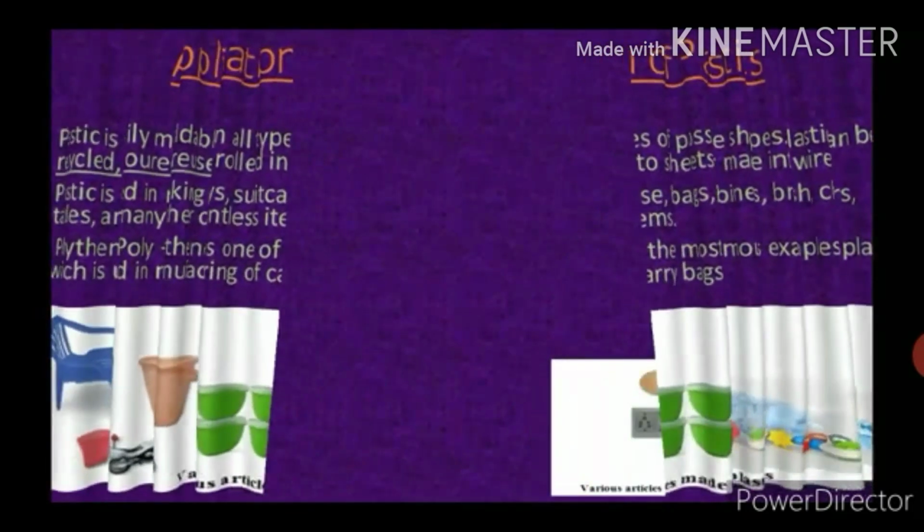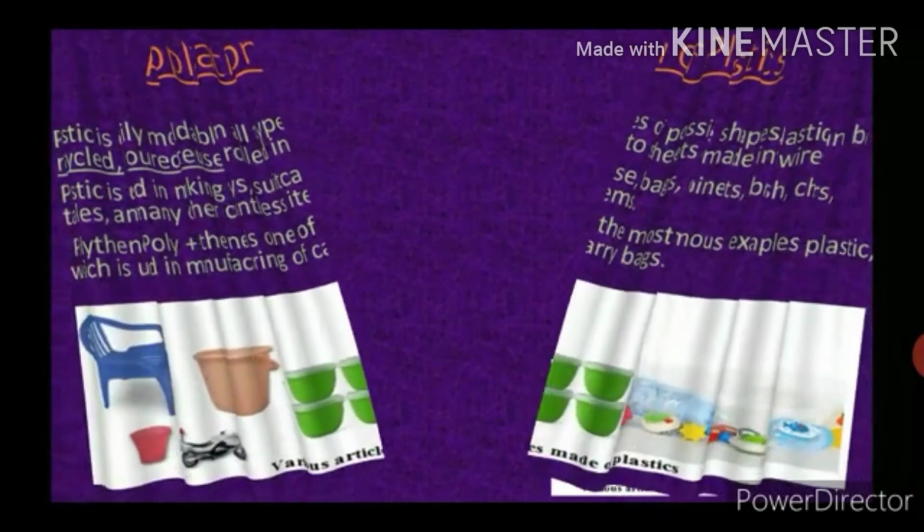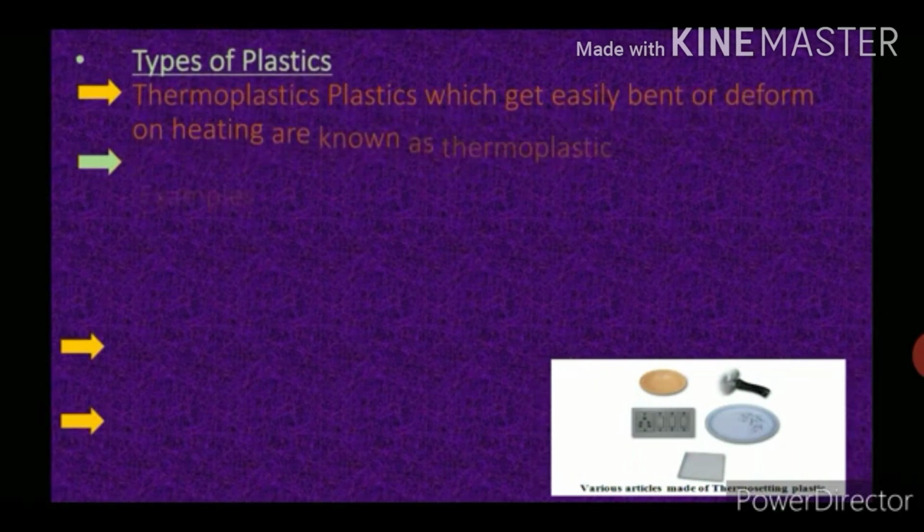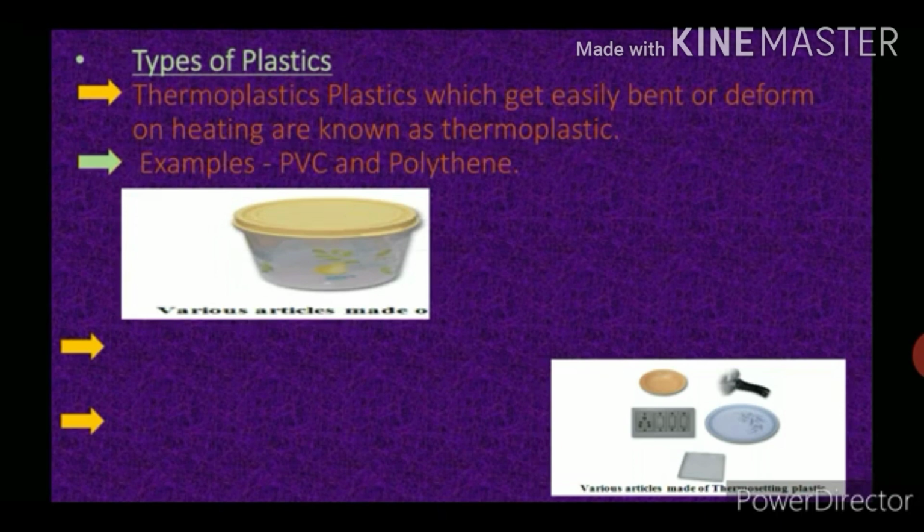Now, coming to the classification of plastics. Plastics can be broadly classified as thermoplastics and thermosetting plastics based on how they react to heat. Thermoplastics.